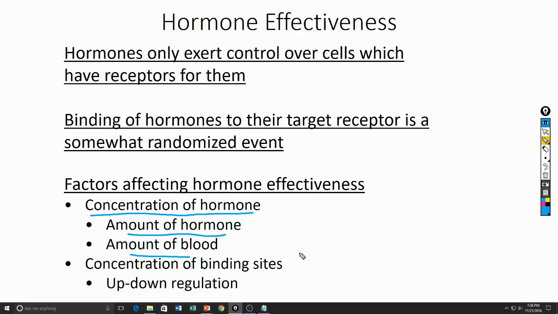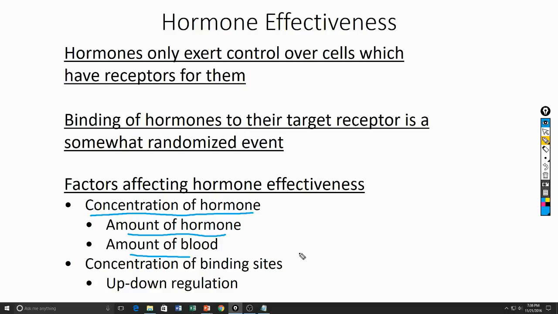By the same token, if you take the same amount of hormone and you dilute the blood with more plasma, more water, then you just made the hormone less concentrated. And the less concentrated it is, the less chance you have of that hormone interacting with a receptor. So the concentration of the hormone is paramount to whether or not it's going to exert a great effect. And then the other thing is the concentration of binding sites.